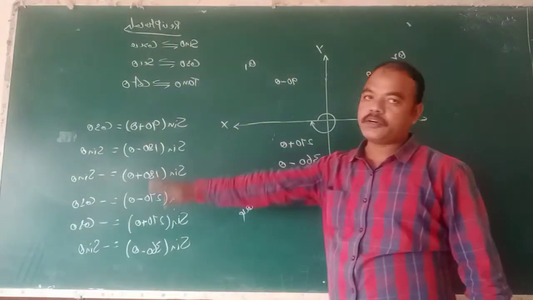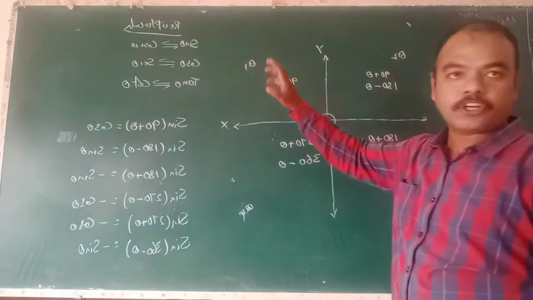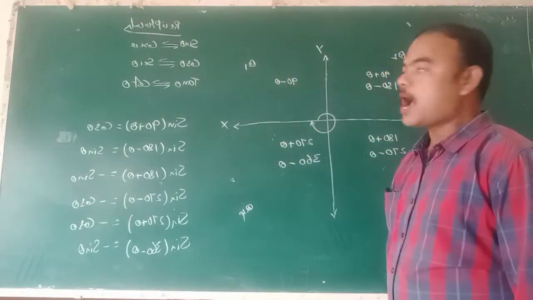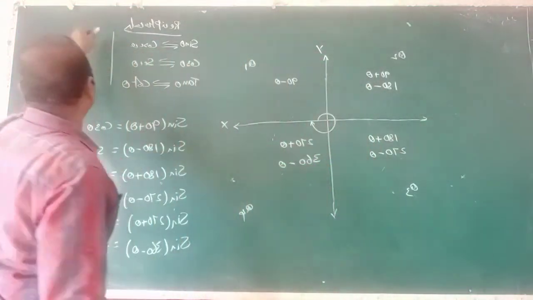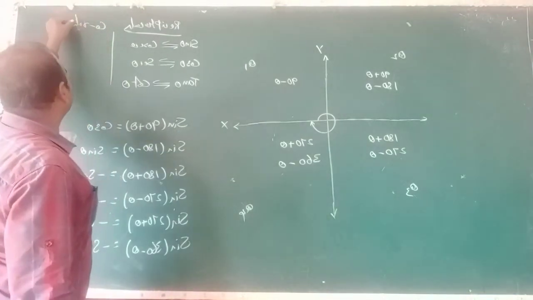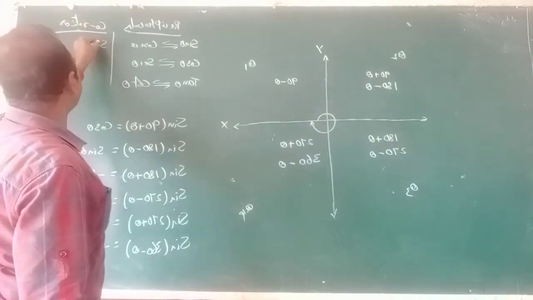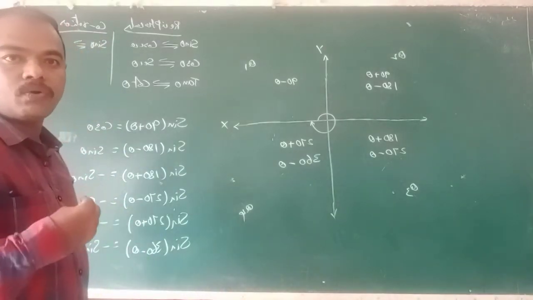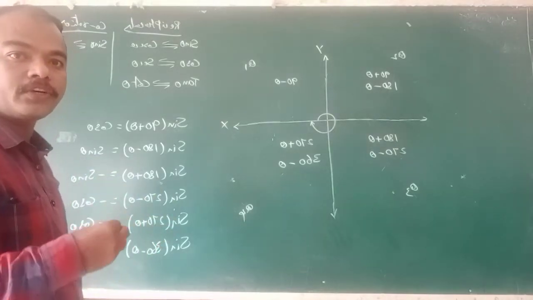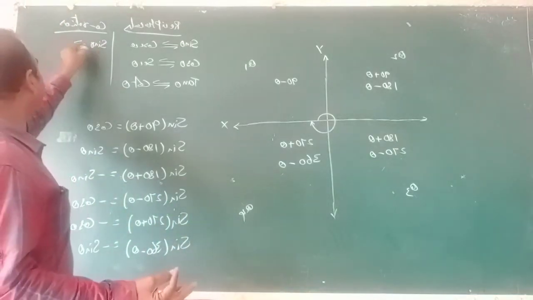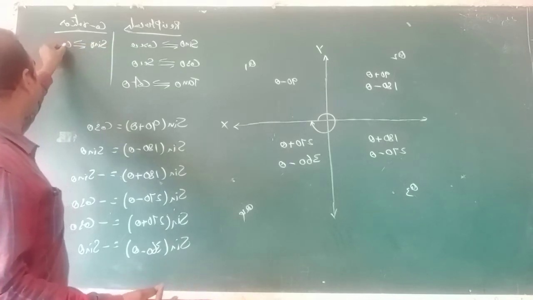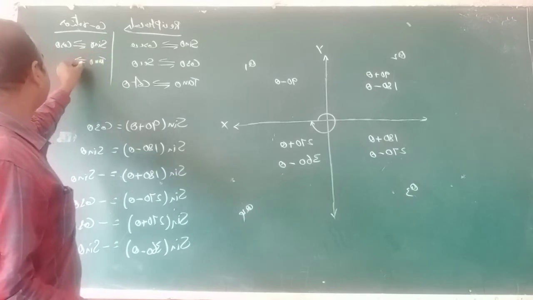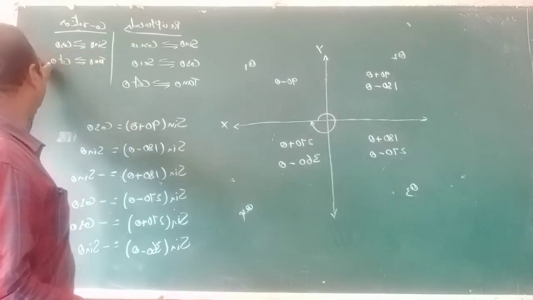We need to know which are reciprocals and which are co-ratios also. For the co-ratio, you just have to add a co. The co-ratio of sin theta is cosine, which in short form is cos theta. The co-ratio of tan theta is cotangent, short form cot theta.